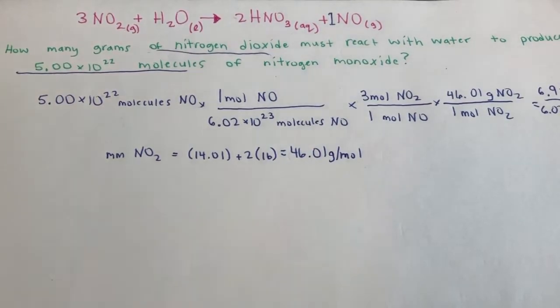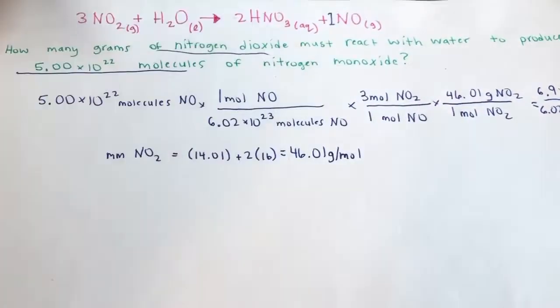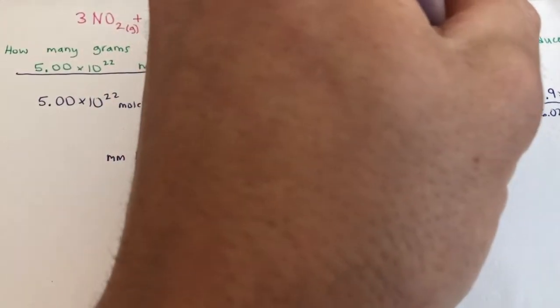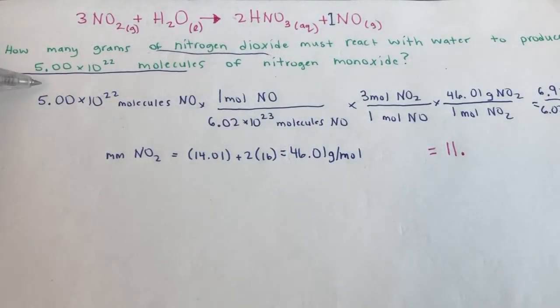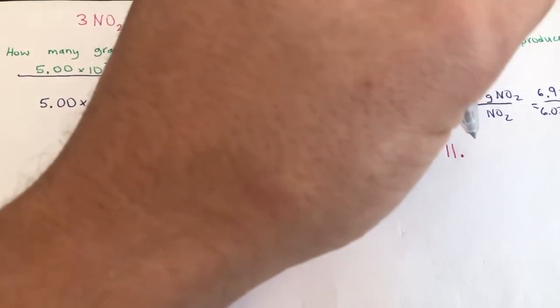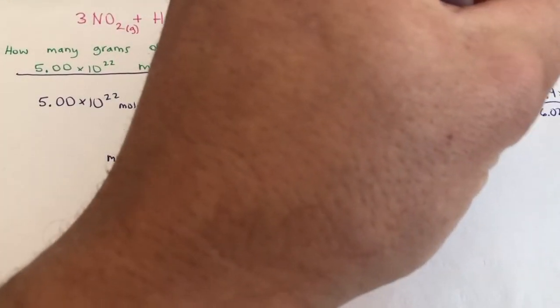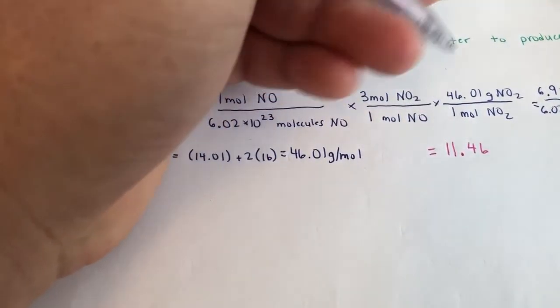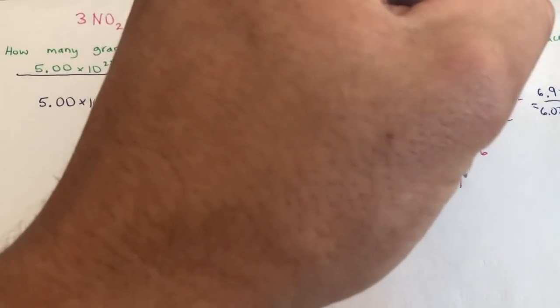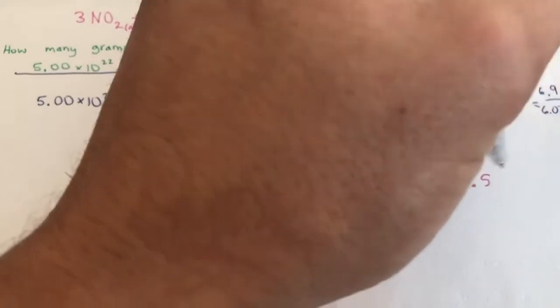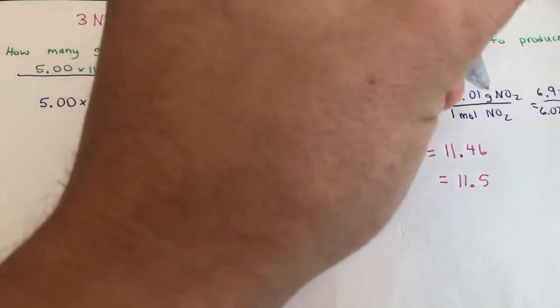So you get 11 point, our answer is 11 point. So here we go. We have 3 significant figures we're allowed. So are we allowed to do, the answer is 11.46. But that would be 4 sig figs, so you have to round this. So it'd be 11.5, and the answer was in grams of nitrogen dioxide.